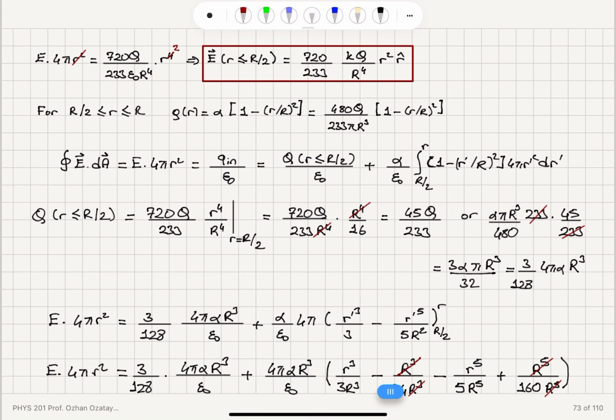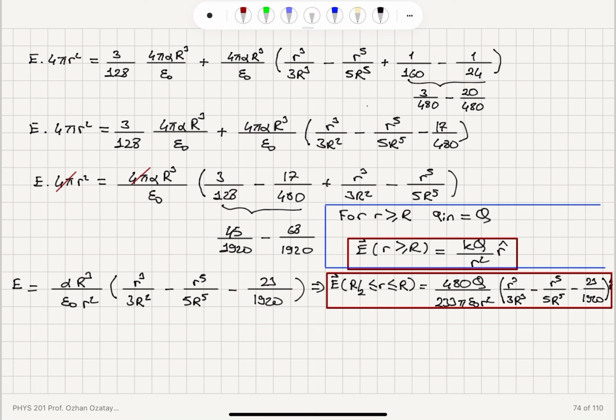And then we perform the rest of the integration here, which also gives us an answer that can be written in the parentheses 4 pi alpha capital R cube over epsilon 0. And then when we do this calculation, we obtain our final answer for the electric field.